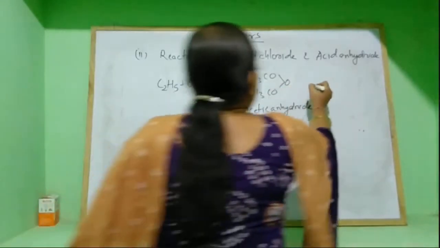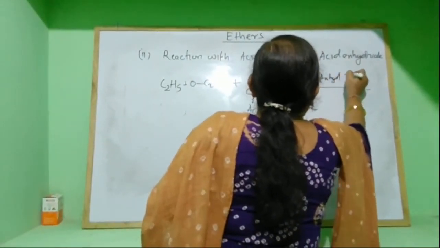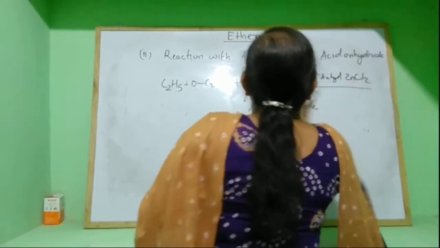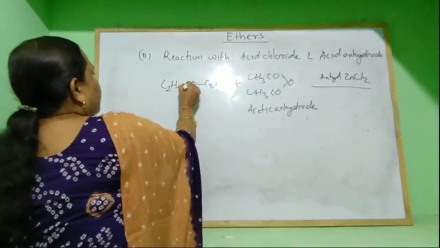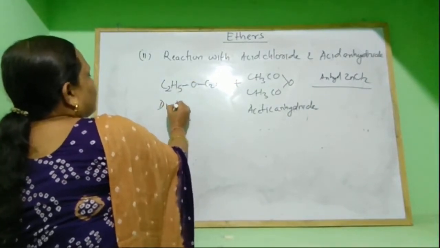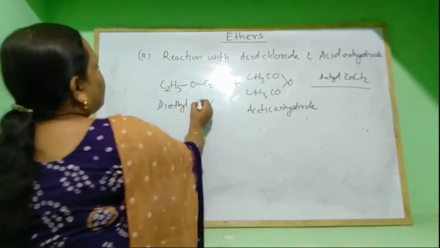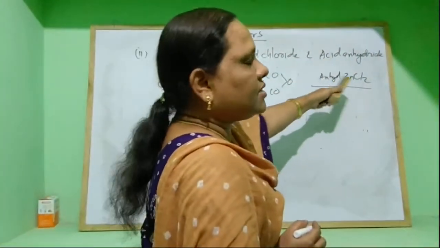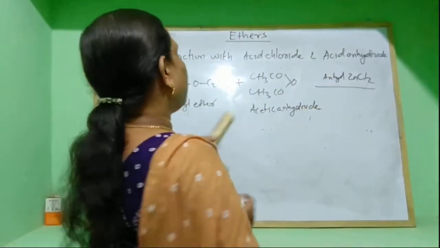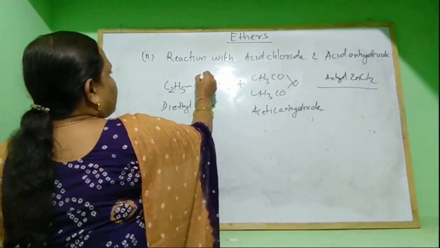When diethyl ether reacts with acetic anhydride in presence of anhydrous zinc chloride, bond breaking takes place here.